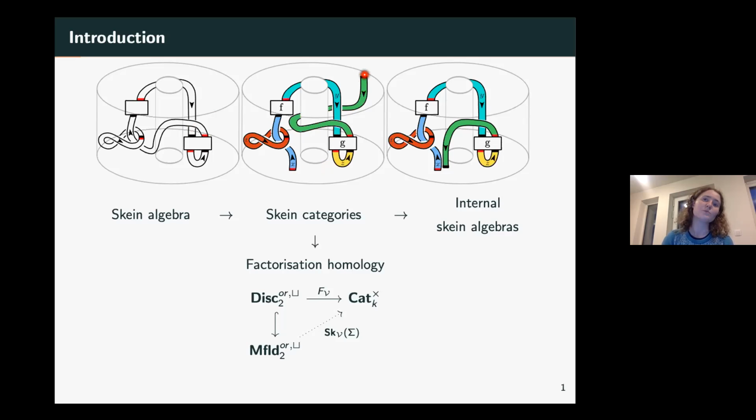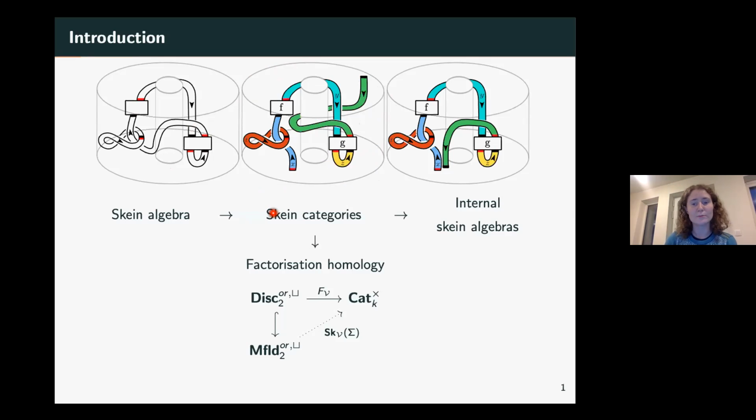So you allow them to join your surface. So your surface, say the annulus, you thicken it, and you allow it to join the surface at the top or the bottom. You also, in order to include all of the Skein algebras, usually have a coloring, which I'll describe later.